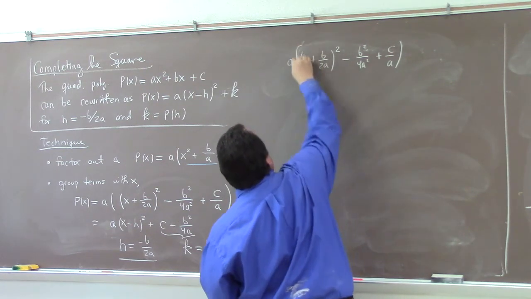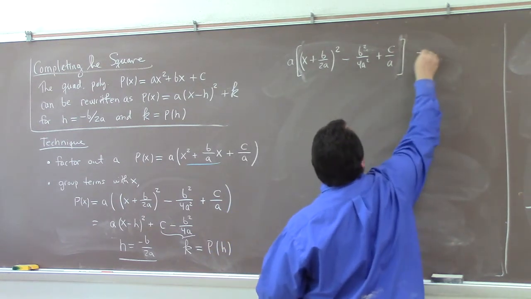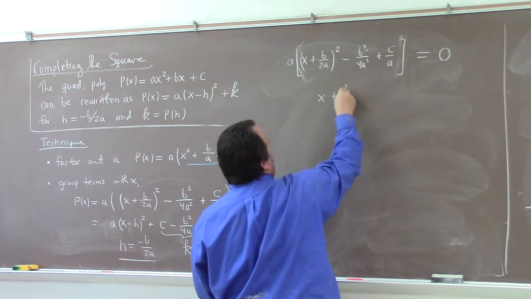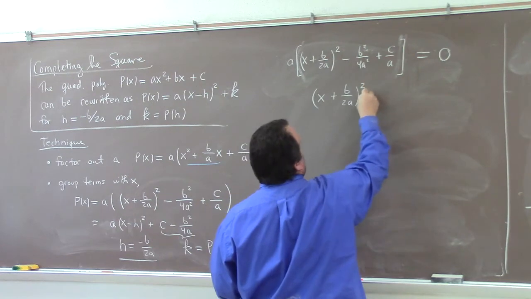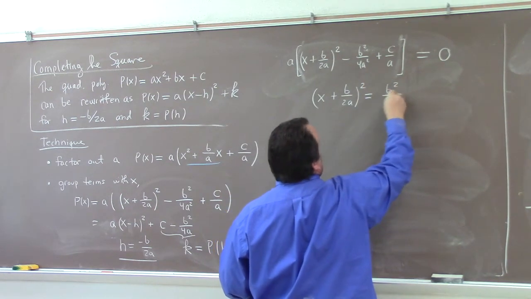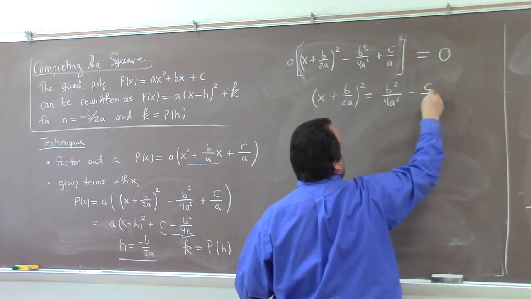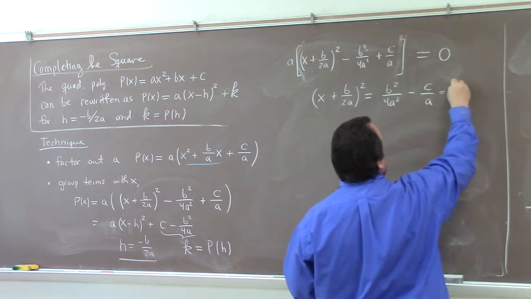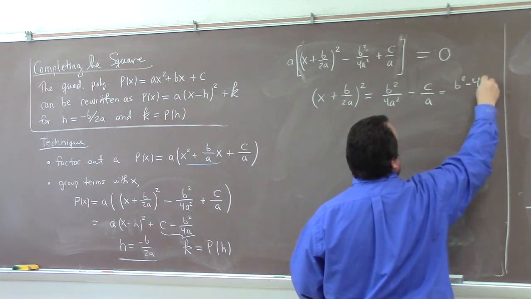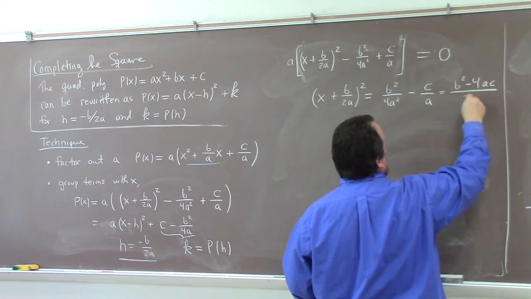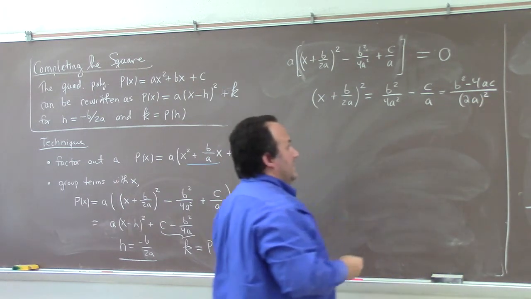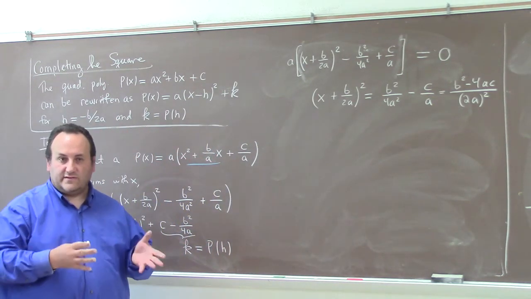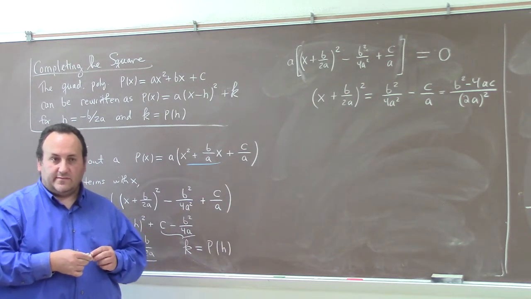If we look at that being set equal to 0, that straight away gives us that (x plus b over 2a) quantity squared must be equal to b squared over 4a squared minus c over a. And we could rewrite this as (b squared minus 4ac) divided by (2a) quantity squared, because 4a squared is 2a quantity squared. So by algebra, it's that.